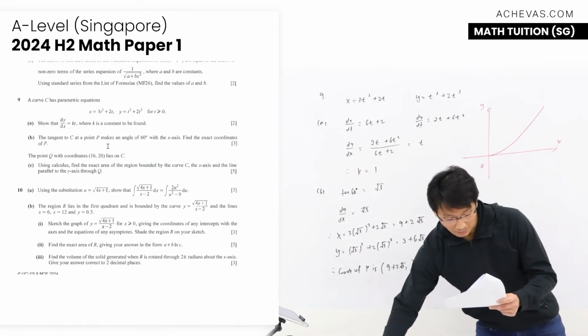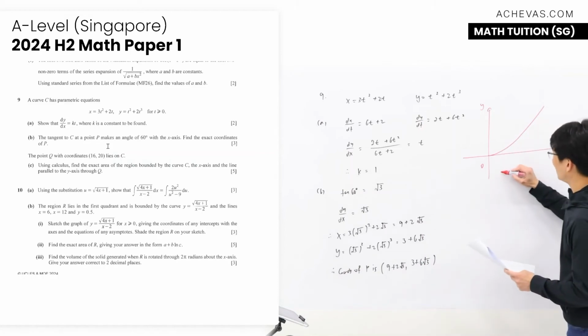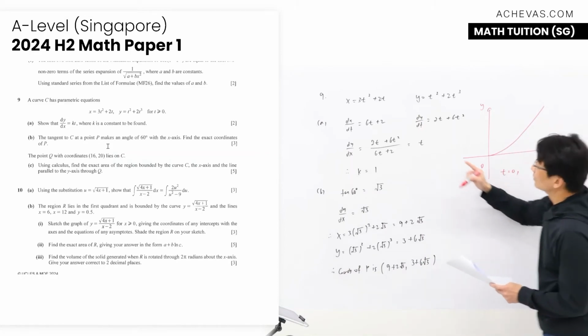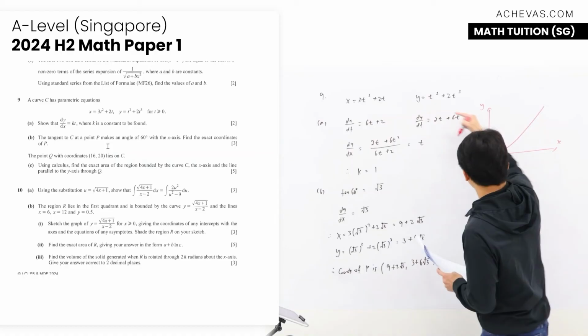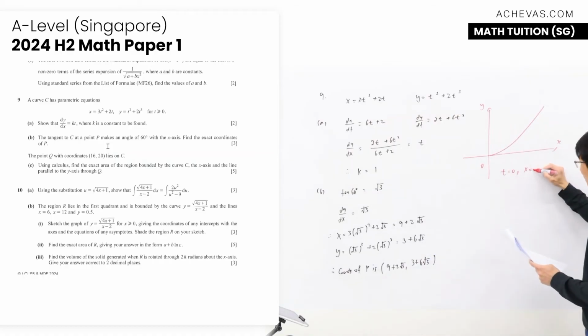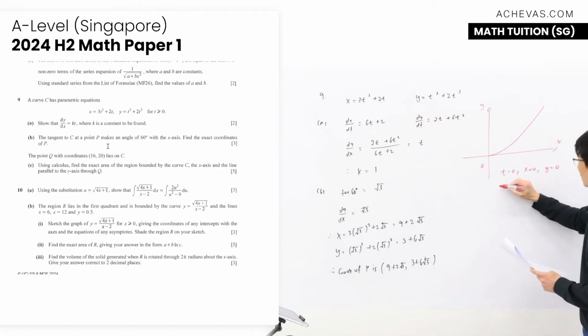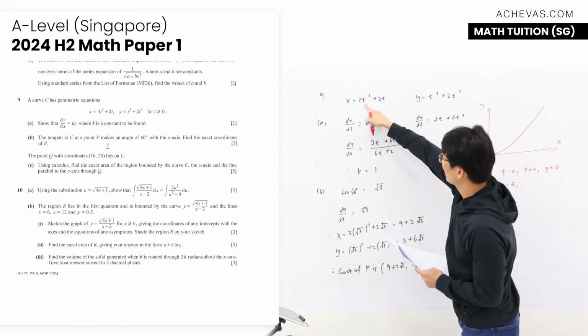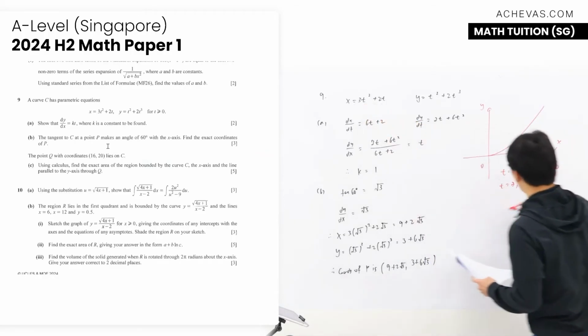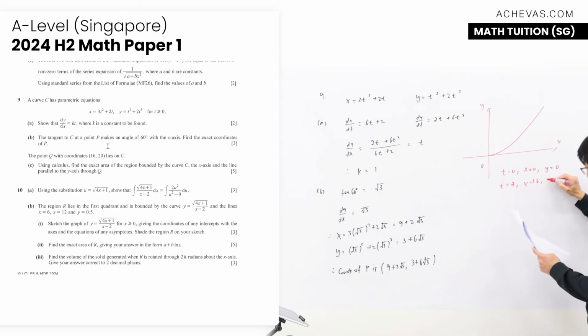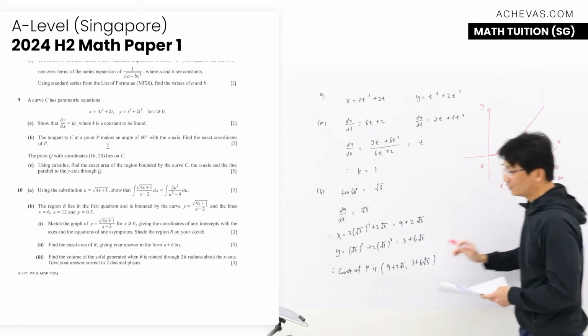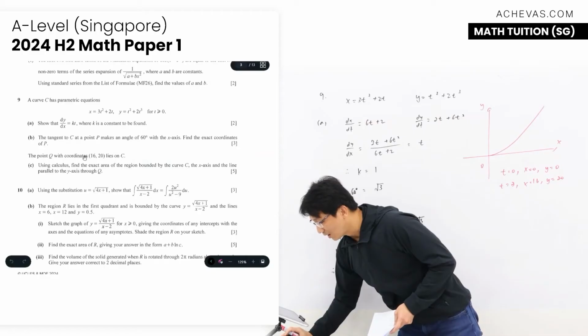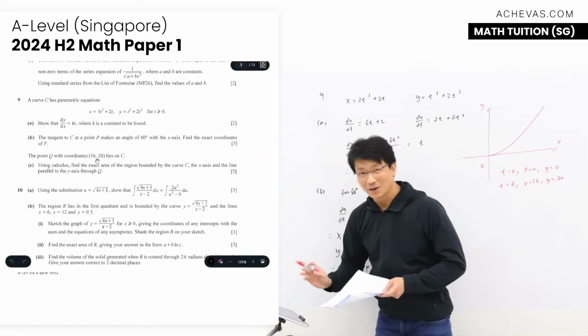By a bit of observation, I can see that when t equal to 0, x will be equal to 0 and y equal to 0. And when t equal to 2, by subbing 2 inside here, I will get x equal to 16 and y equal to 20, which happens to be the point which they have specified for us earlier on.